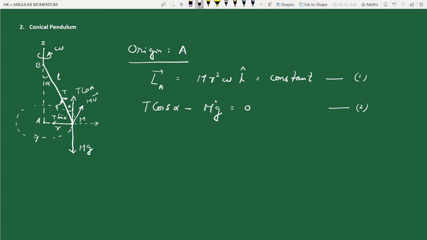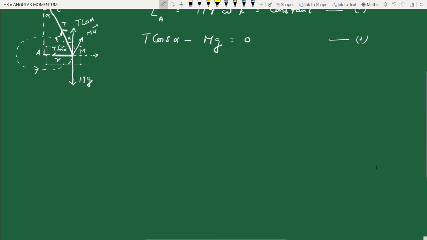The only unbalanced force acting on the bob is this T sin alpha, which is acting towards the center. So that is the only force acting here. Let us calculate the torque due to this force. I will draw a separate figure for that to clarify this point.